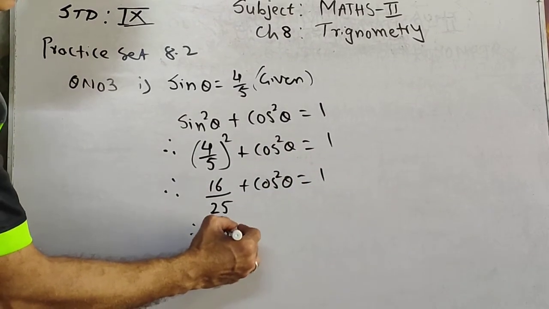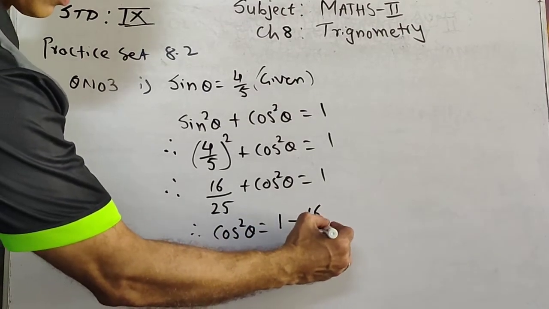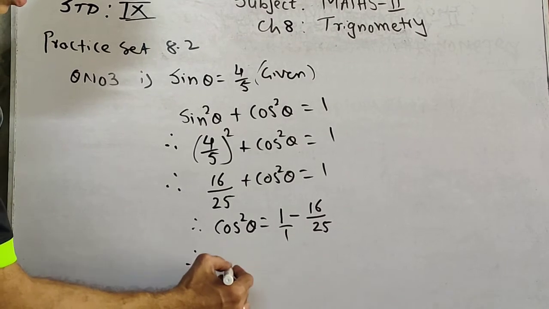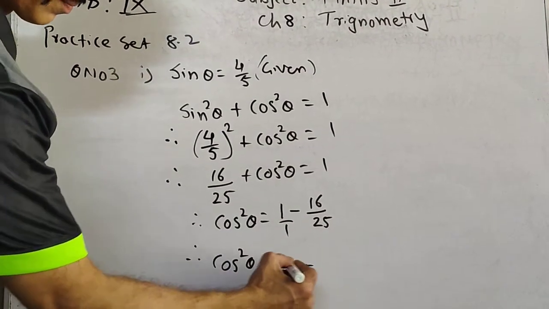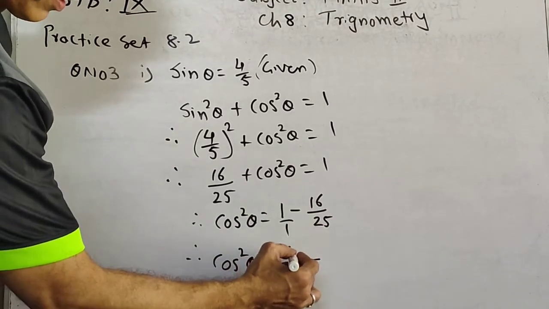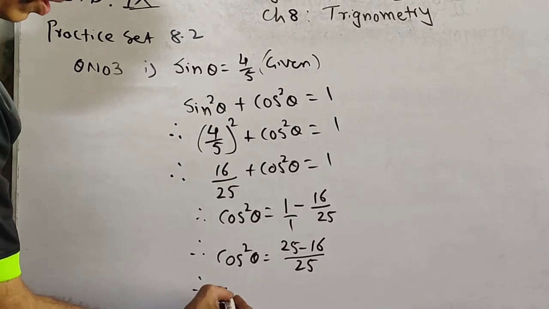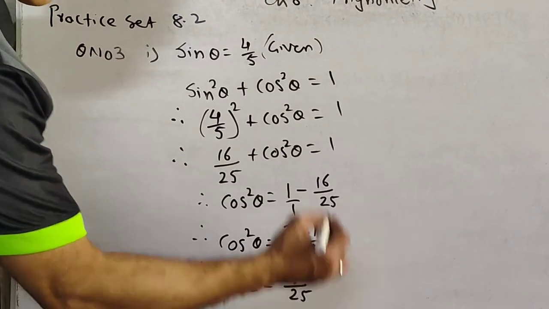Therefore cos square theta is equal to 1 minus 16 upon 25. Cross multiplication. Cos square theta is equal to 25 minus 16 upon 25. So you will get cos square theta is equal to 9 upon 25.